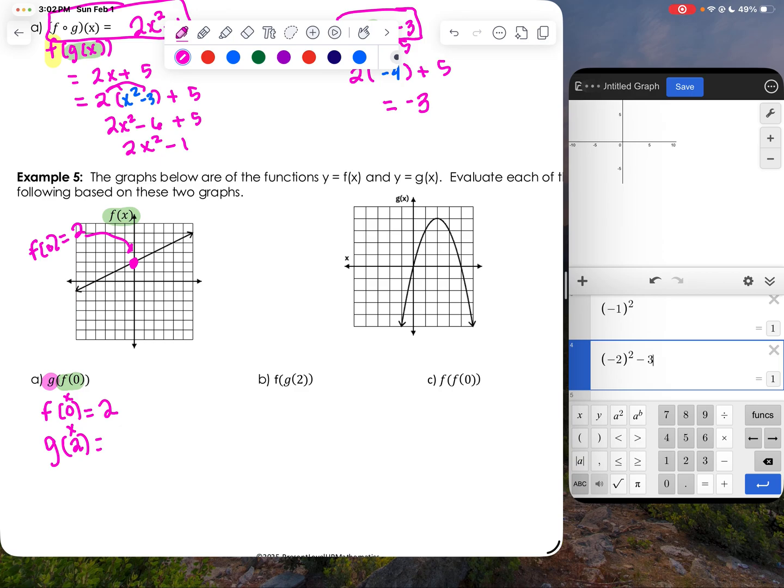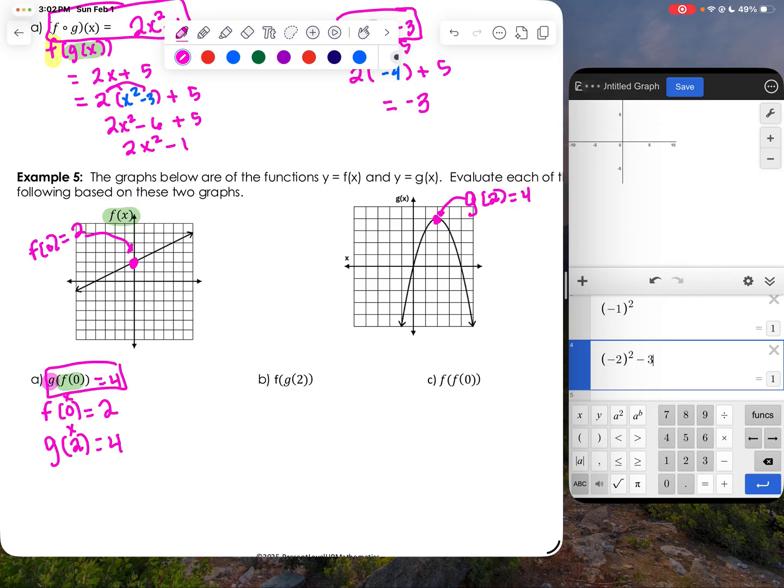So on the graph, go to the right 2, and then up 1, 2, 3, 4. So let me label this: g of 2 is equal to 4. That's this point right here. When x is 2, y is 4. So g of f of 0 is equal to 4.